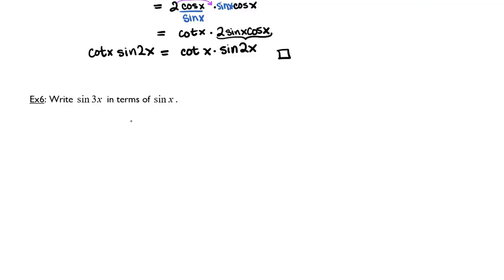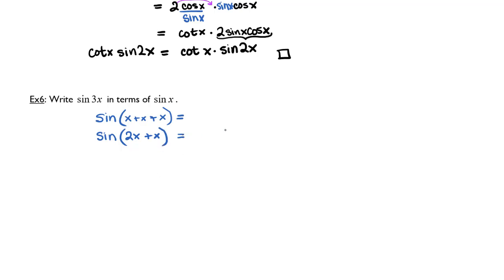This example 6 says write sine of 3x in terms of sine of x. This just means I have sine of x plus x plus x. So I need to think of how I might be able to rewrite that. That would be the same as saying sine of 2x plus x.